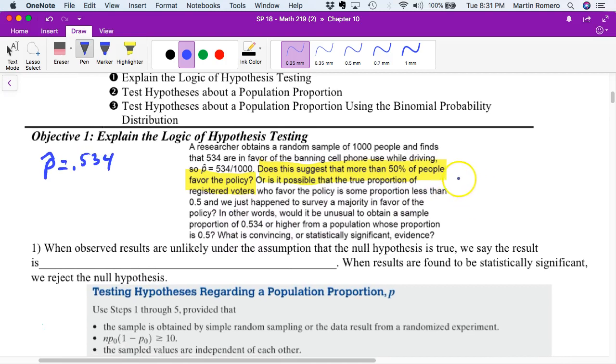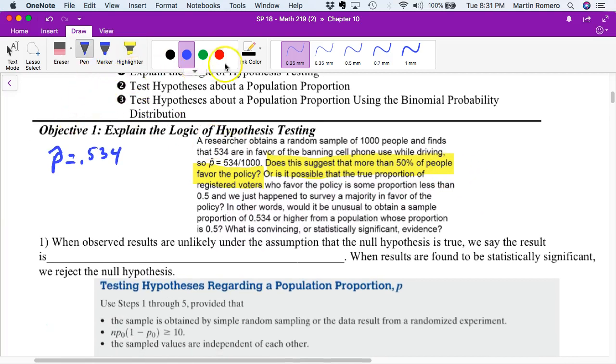So in this situation, if we follow along with what we had done before, the null hypothesis would be that the proportion of people is 50%, and then the alternative in this case would be the proportion is greater than 0.50.